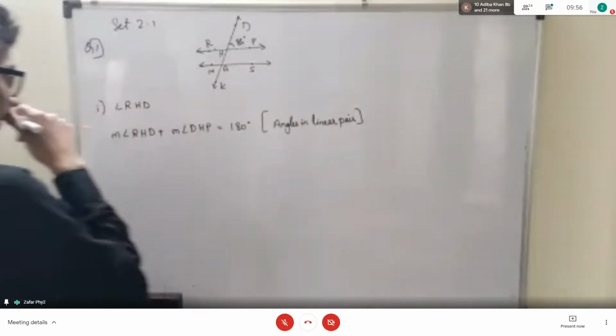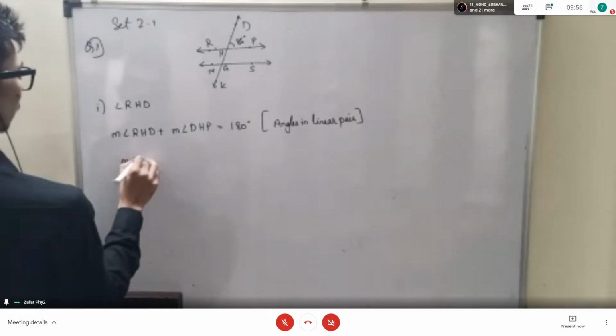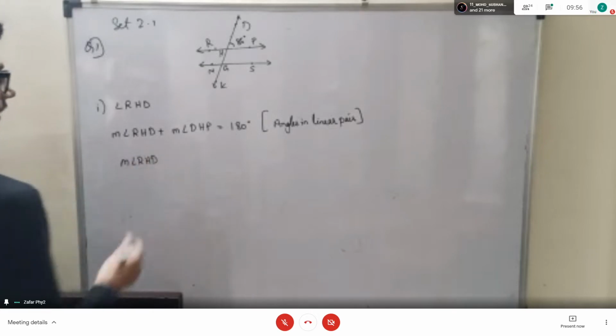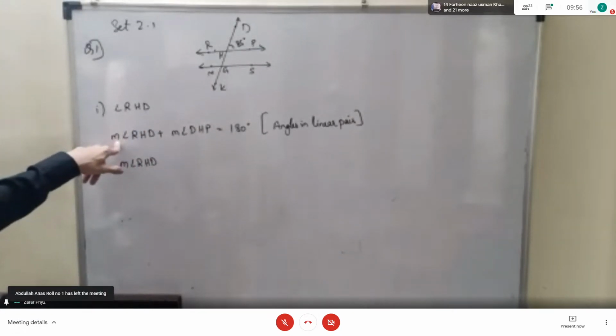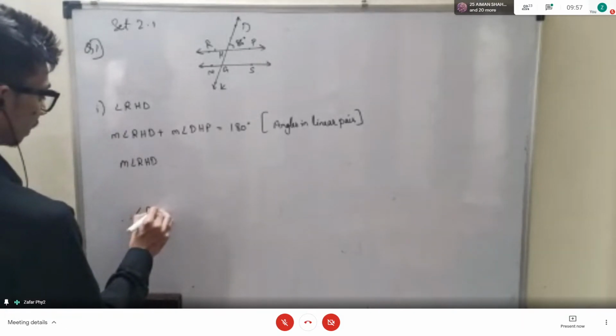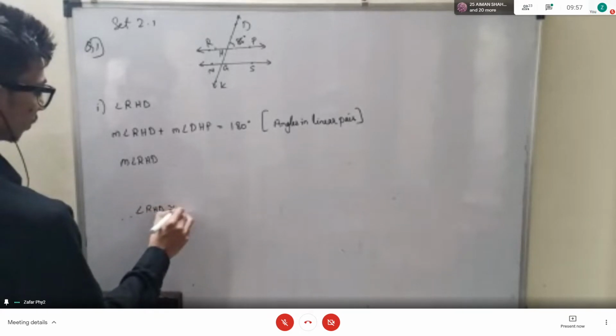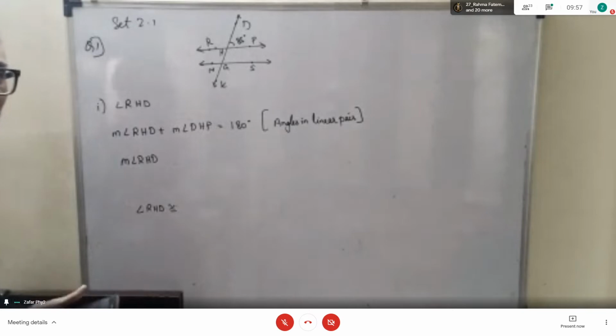So angle RHD, whenever you are writing equal, you have to write m. And whenever you are writing congruent, like RHD, then you just write angle, no need to write m. These things you have to keep in mind.